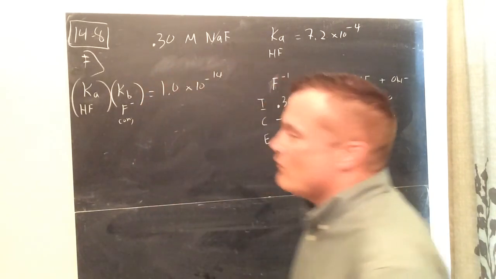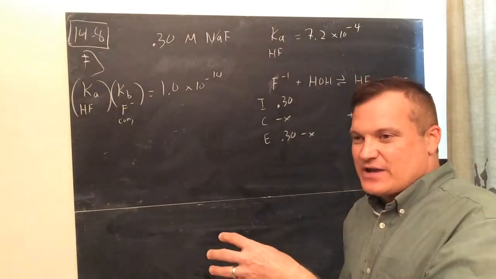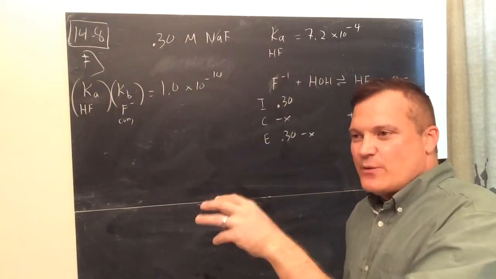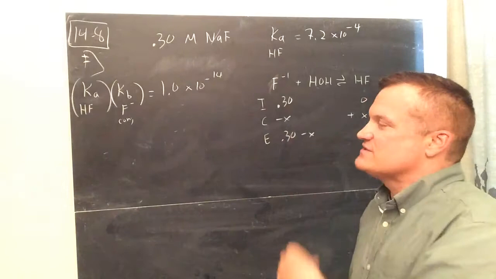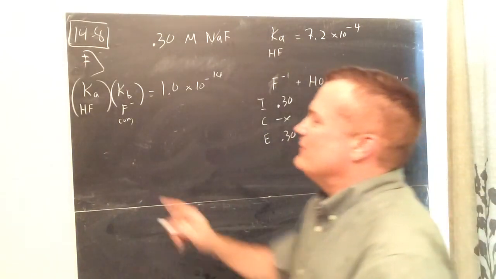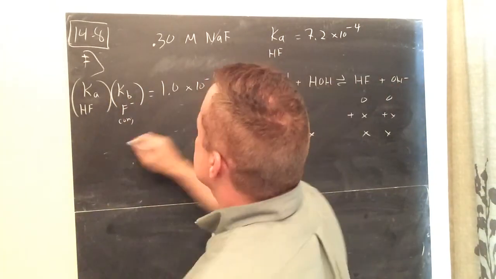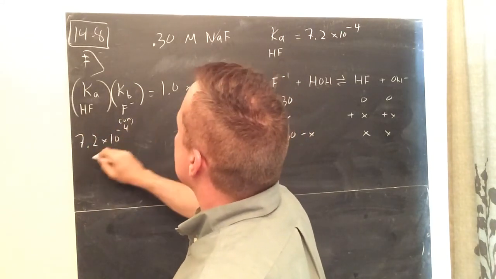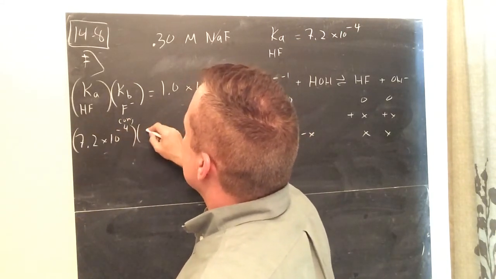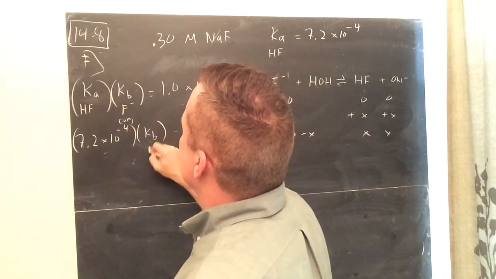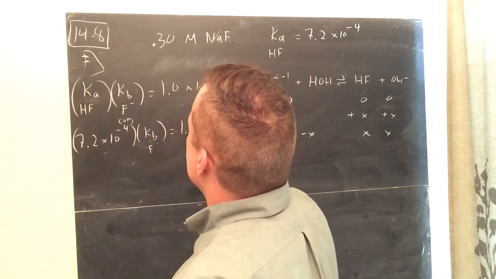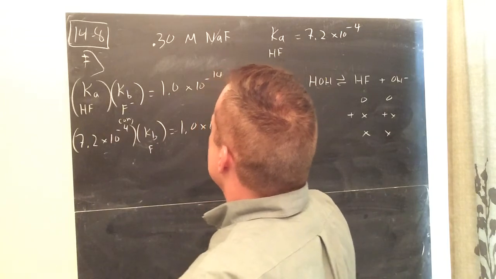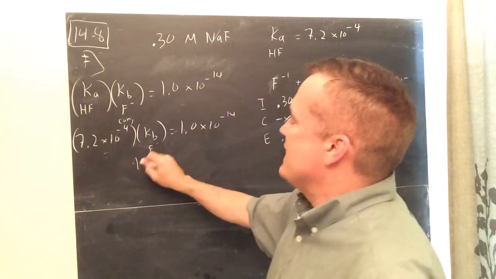Just like water, H plus times OH negative molarity gives you that, this is also true. So, if I know the Ka of HF is 7.2 times 10 to the negative 4, then the Kb of F negative will equal this divided by that. So just do the algebra.